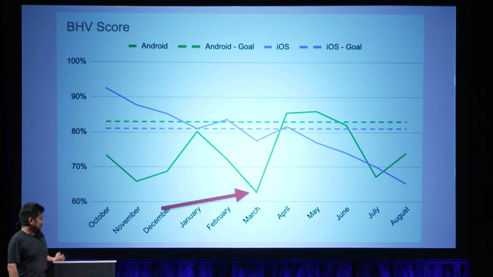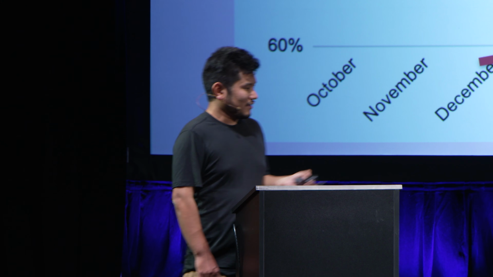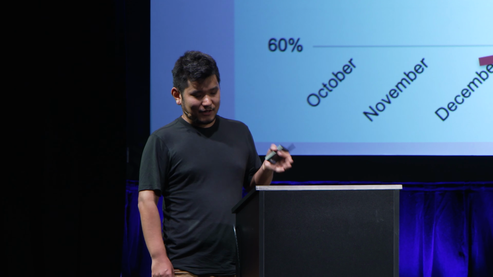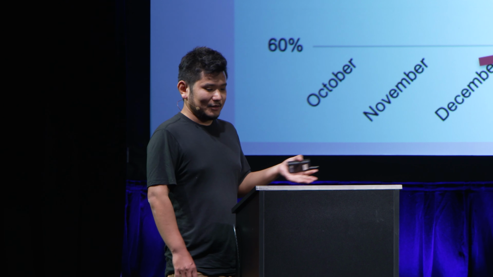Then in March this year, again, we had a drop in the score, as you can see there. This time what happened was that we had detected that some clusters were not using the full capacity of the CPU. So we decided to downgrade our machines, right? It's the year of efficiency, so we're trying to cut costs. But then we didn't realize that it would come with a consequence, and the consequence was that the speeds of CI suffered a little bit.